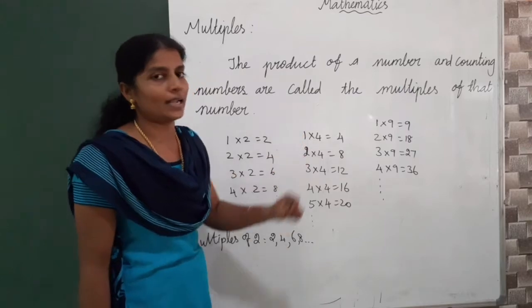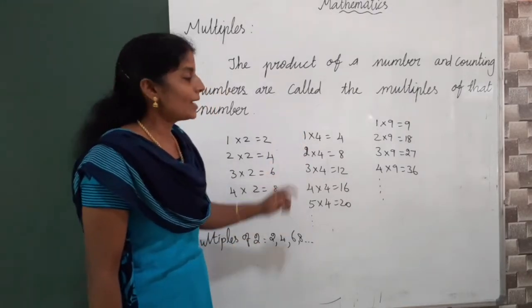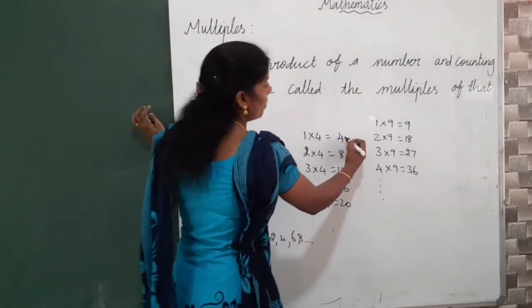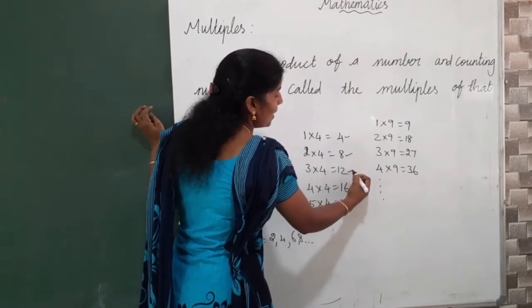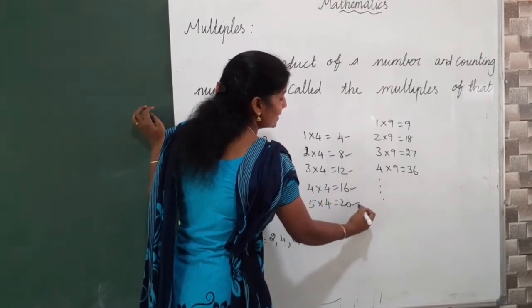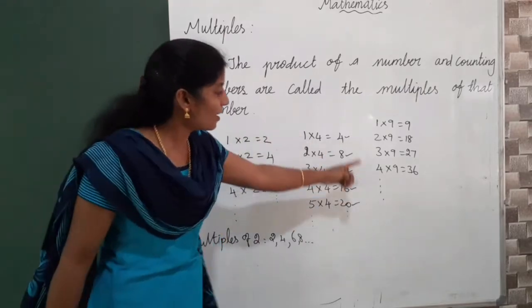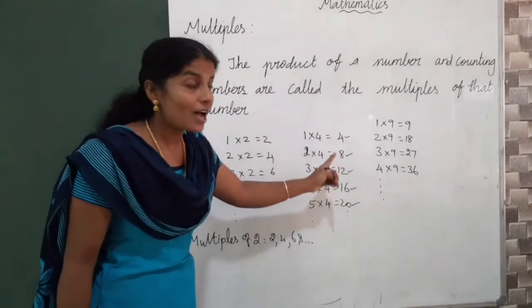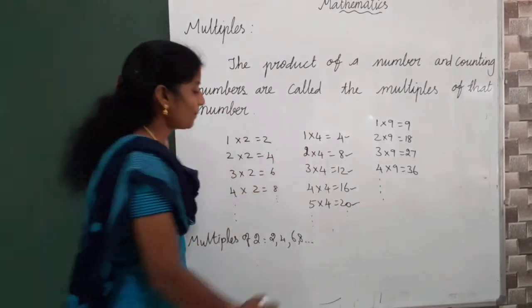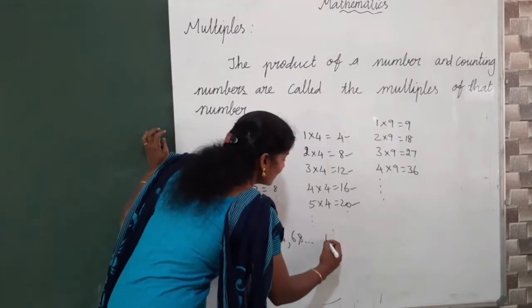Now, this is multiples of 4. We can use the 4 table. How can you find out multiples of 4? 4, 8, 12, 16, 20, etc. These are all multiples of 4.